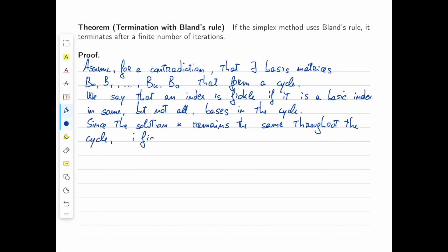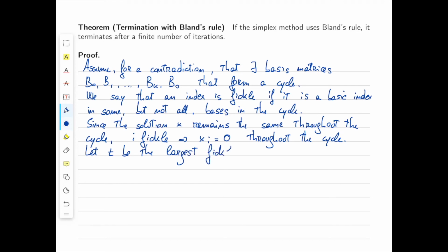So i fickle implies xi equal to 0 throughout the cycle. The analysis in this proof will follow from the analysis of the largest fickle index. Let's call it t. So let t be the largest fickle index.